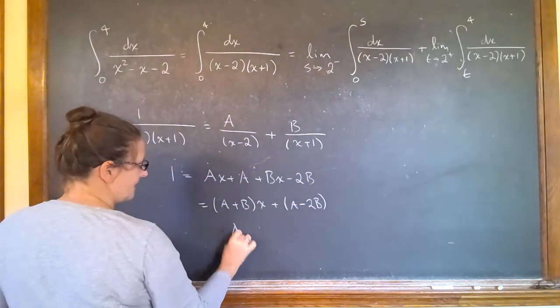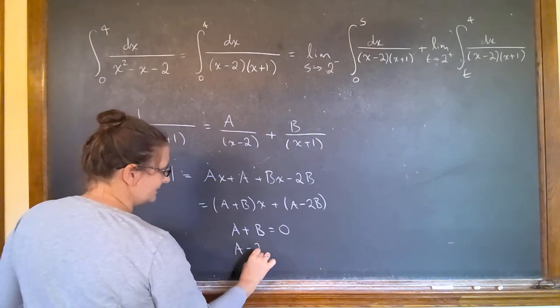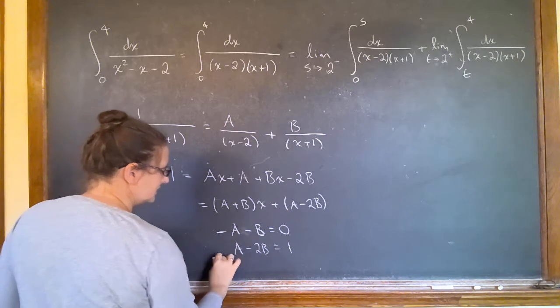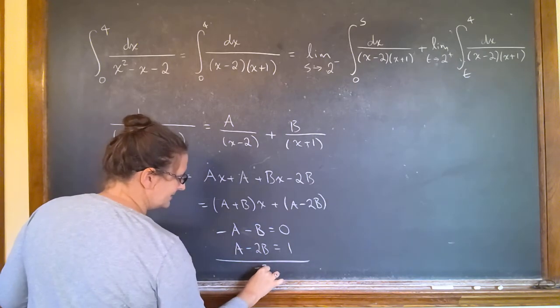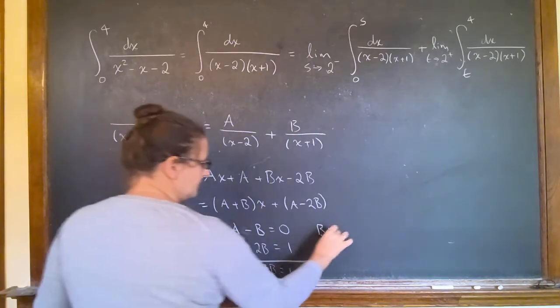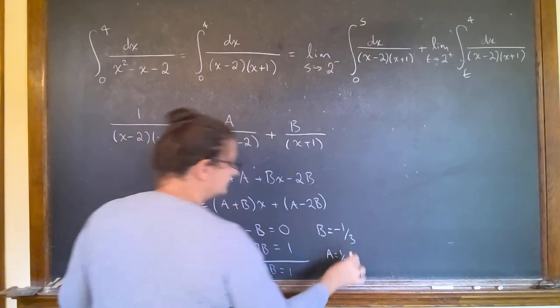So pretty simple, right? A plus b equals 0. A minus 2b equals 1. If I subtract here, I'm going to get minus 3b equals 1. B equals negative 1/3. A equals 1/3.